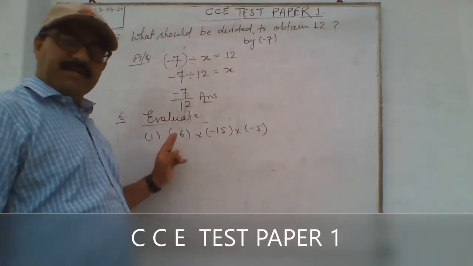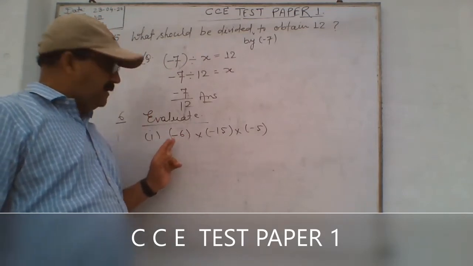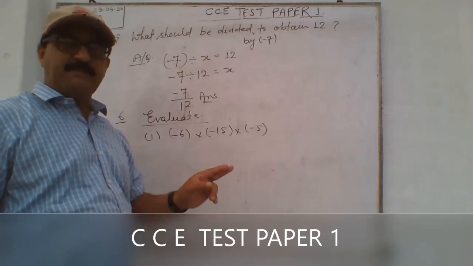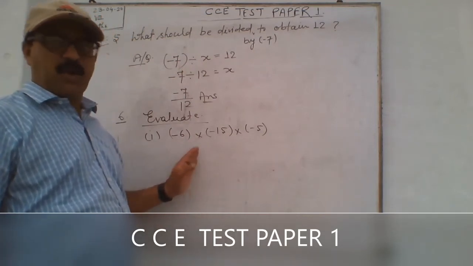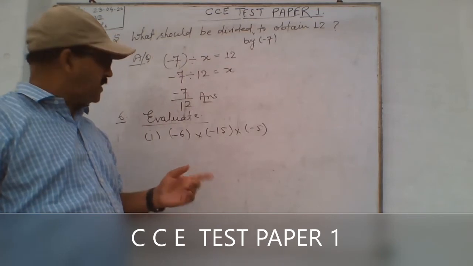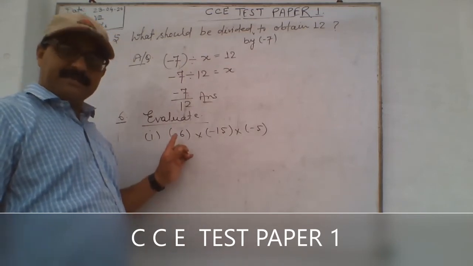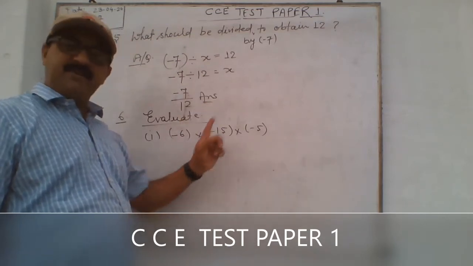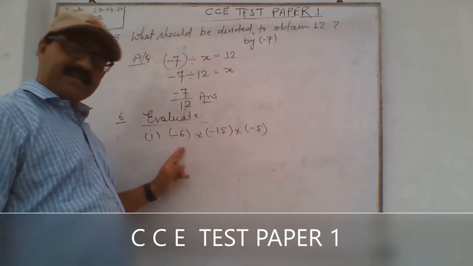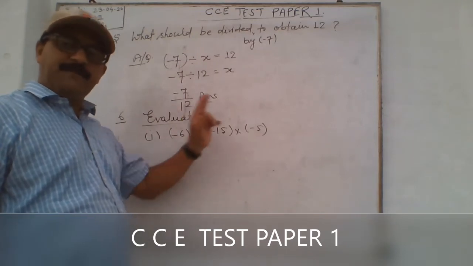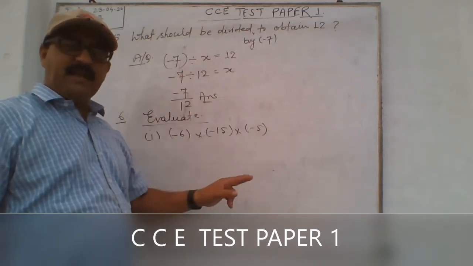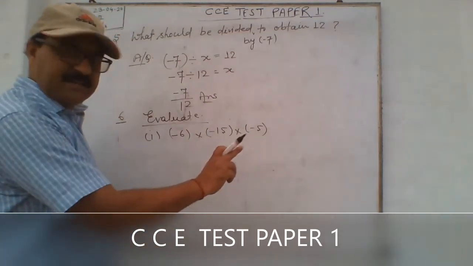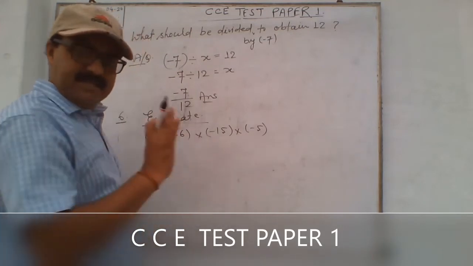When a negative integer is multiplied an even number of times, the answer will be positive. Always remember. Here our answer will be negative because 1, 2 and 3, 3 is an odd number.